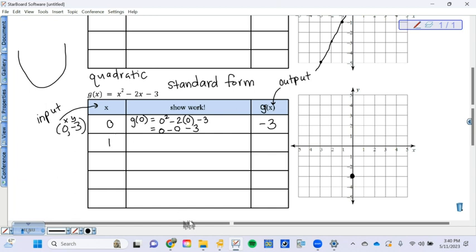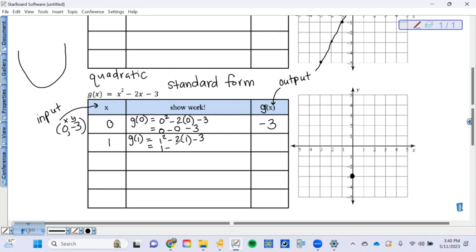Let's plug in 1 for x. So g of 1. G of 1 would give me 1 squared minus 2 times 1 minus 3. Just plugging in 1 for my x. What's 1 squared? Minus 2 times 1?